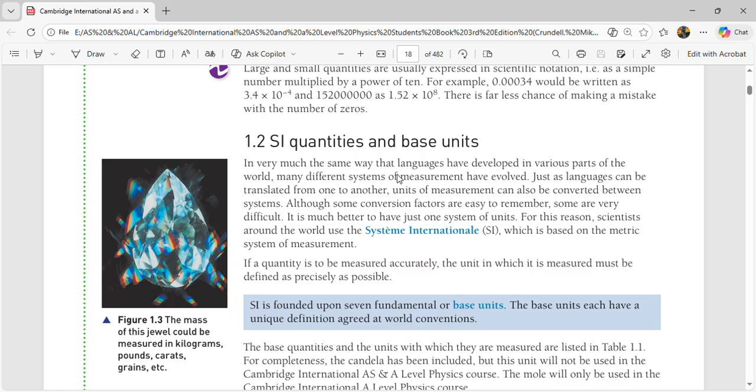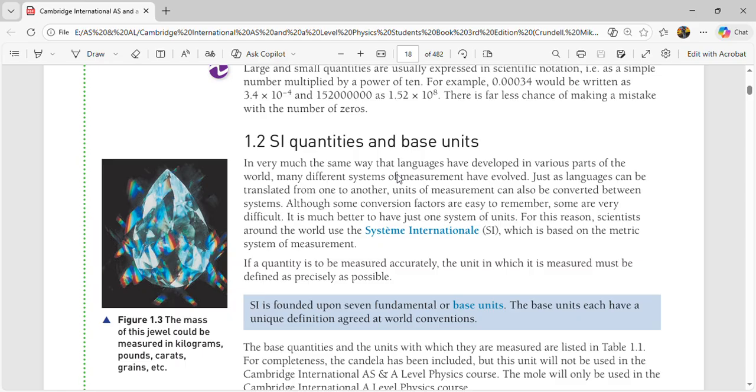Those ones are many. To mention but a few, we have force. Force is equal to ma. Already mass is our base quantity. Acceleration is a derived quantity that is expressed as a quotient of change in velocity over time.